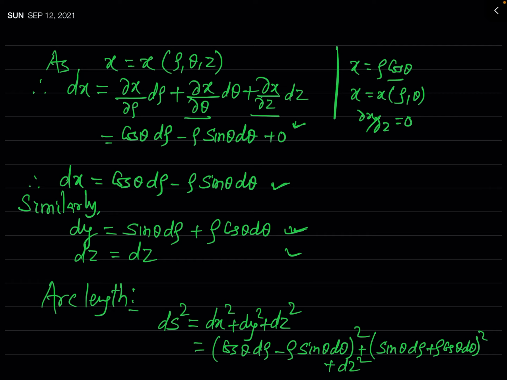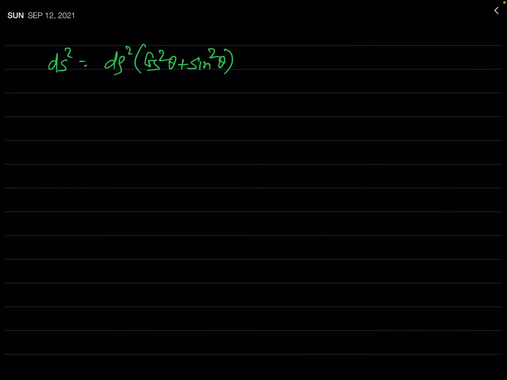And again, you can see the term rho square sine square theta d theta square, and there will also be rho square cos square theta d theta square. So rho square d theta square you can take as a common factor, and the remaining terms will again be cos square theta plus sine square theta.